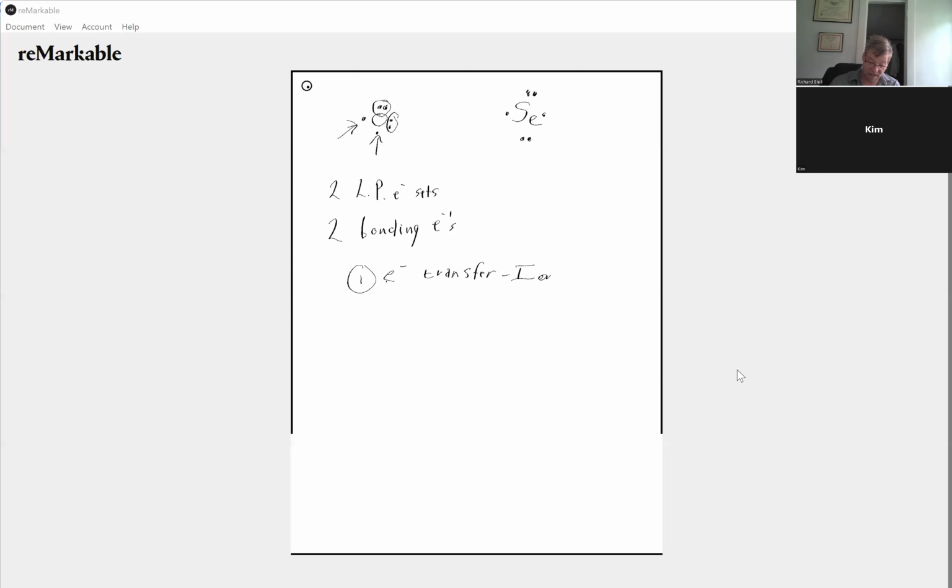The ionic compound is just held together by attraction.